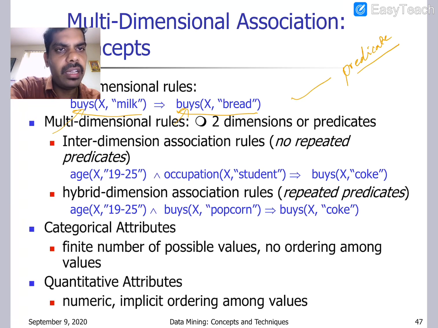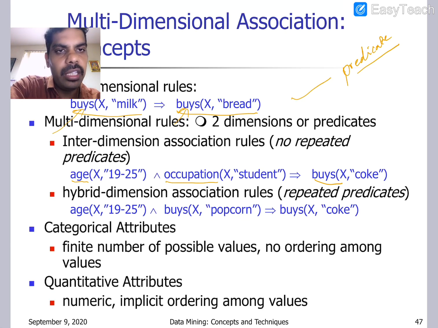If you take another, interdimensional association rule and hybrid dimension association, these are multi-dimensional rules. If you observe carefully: age, occupation, buys, three predicates, three attributes.